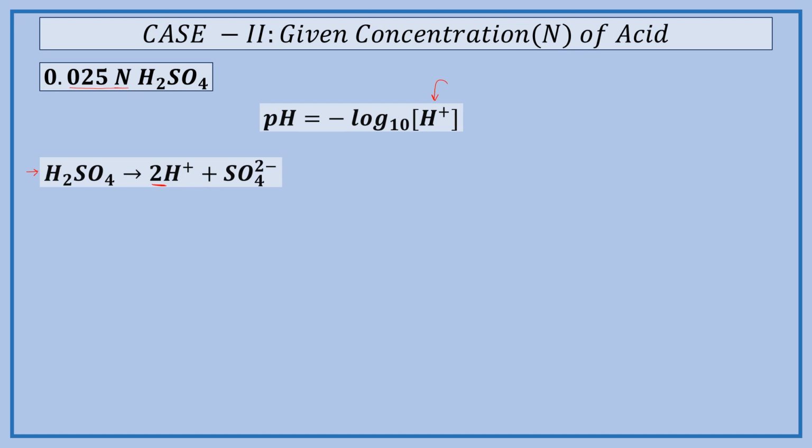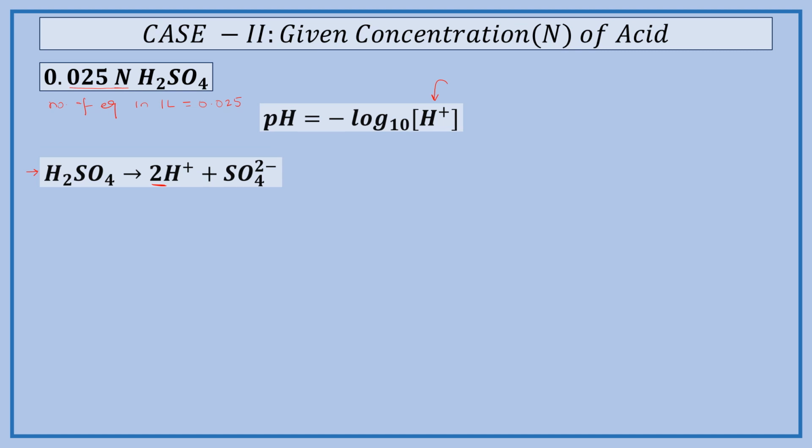From the definition of normality, we can conclude that the number of equivalents in 1 liter of the solution will be equal to the normality, which is 0.025 in this case.